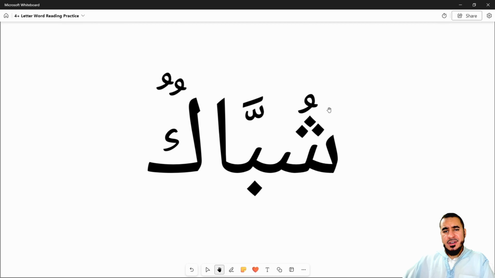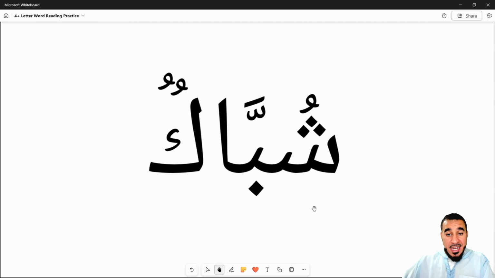So how do we pronounce this whole word? We would pronounce it as shubbakun. Shub. Remember, there are 2 bas here because of the shadda. So we need to make sure the first occurrence of the ba has a sukoon, shub. And then the second occurrence of the ba has a fatha, shub ba.